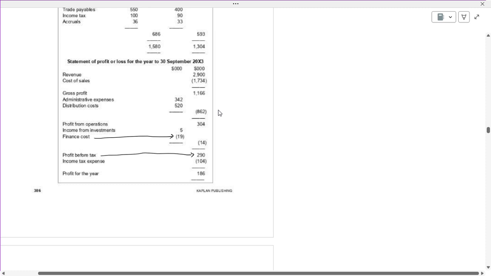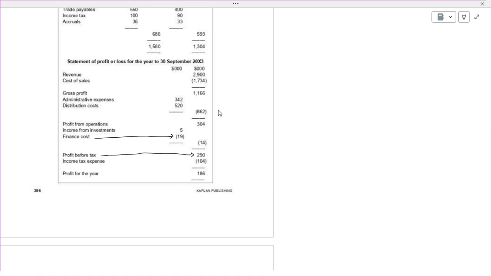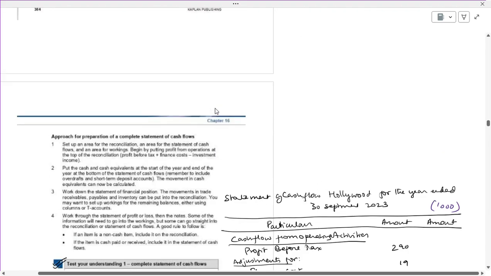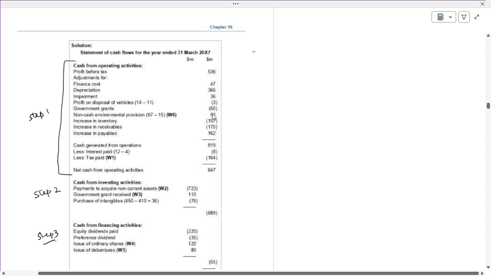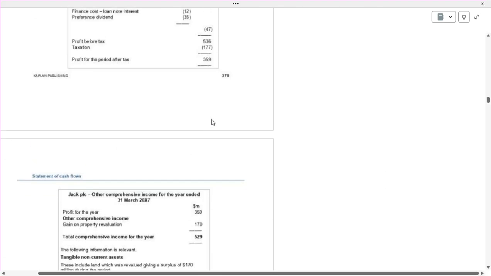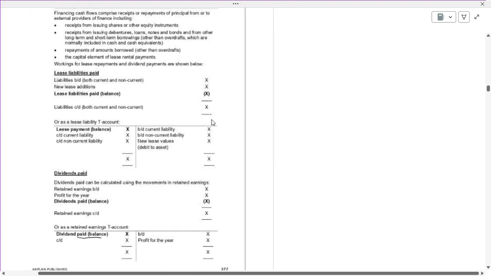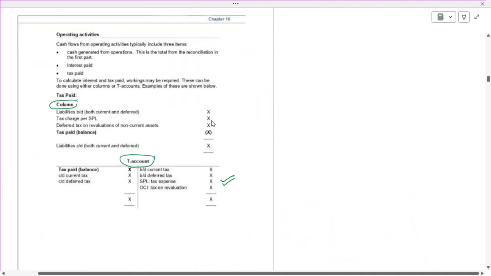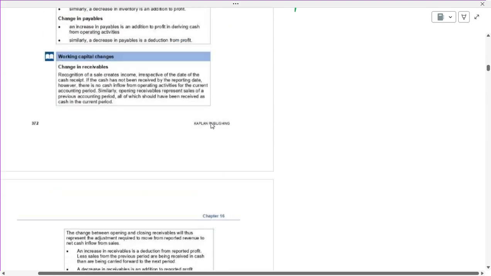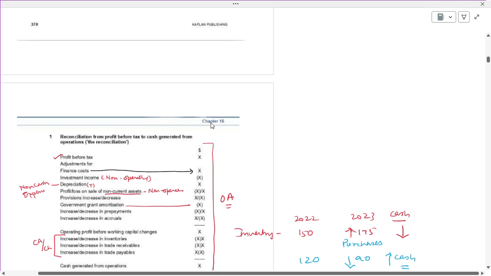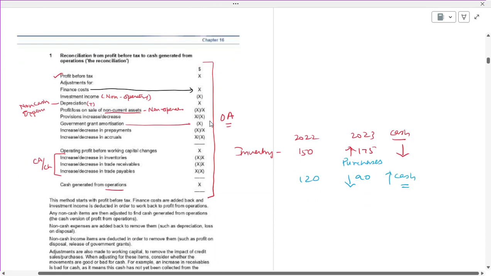Income from investment. Investment income is there.